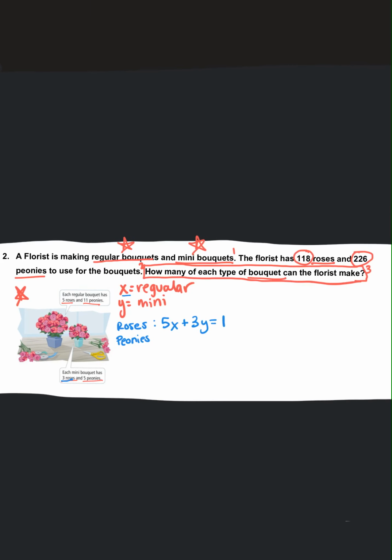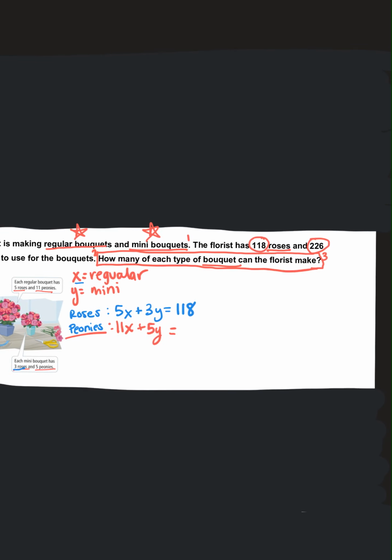So 118 goes right here. All right, so then for peonies, let's do it red. And that one, we're going to look at how many peonies are in a regular. 11. So 11X plus 5Y equals, how many do we have total? 226.